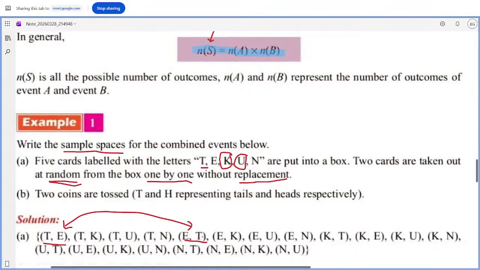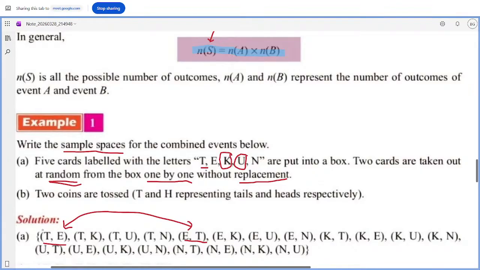So is the order important or not? This is different from the question, guys. Question A, they say 1 by 1. But now my own question is, I take out 2 cards both at the same time. So do I need to write out both or not? TE and ET. No need, right? Because the order doesn't matter already since you're taking out both at the same time. So you just choose 1 and write. Depending on your preference, you either write ET or TE. No problem. Okay? So yeah, this is the answer for part A.